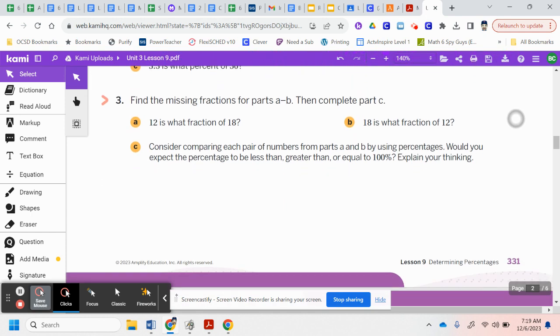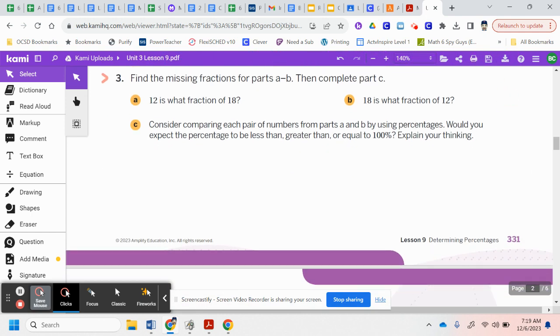So let's take a look at number 3. Number 3 says find the missing fraction for the parts A and B. So it's the same thing. 12 is what fraction of 18? So we simply are going to do the same thing. Okay?